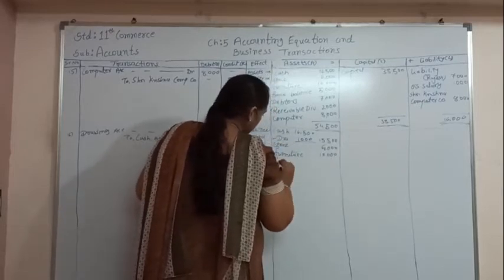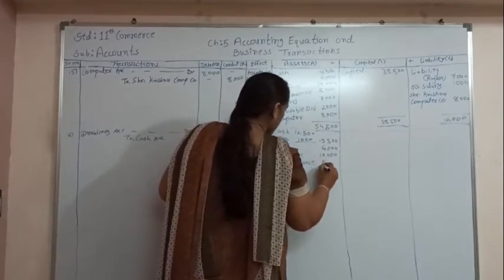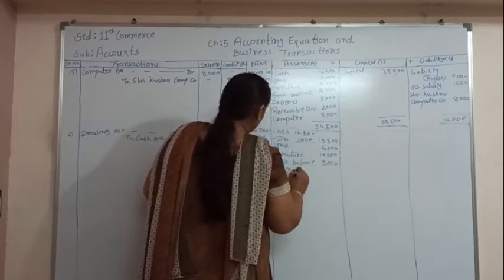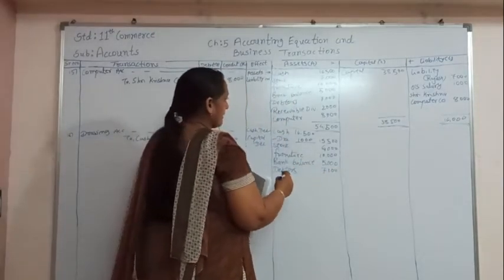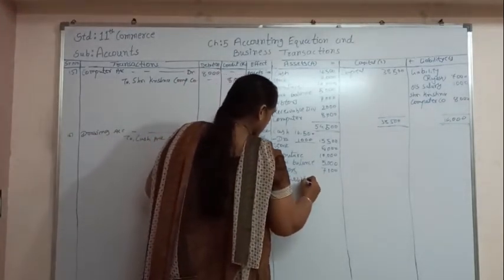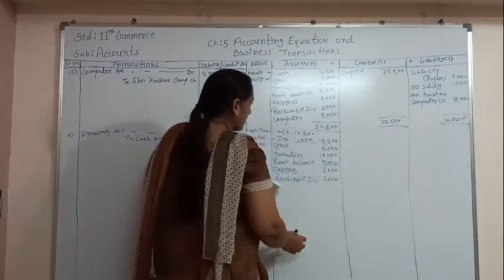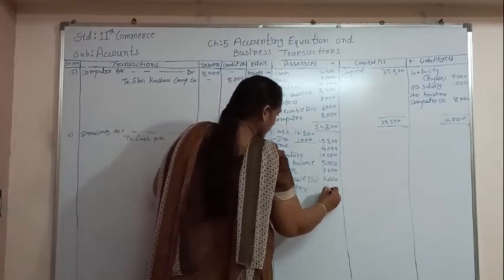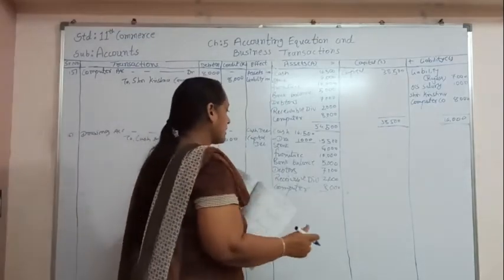Then bank balance is 5,000. Then debtors 7,000. Then receivable dividend 2,000. Computer 8,000.